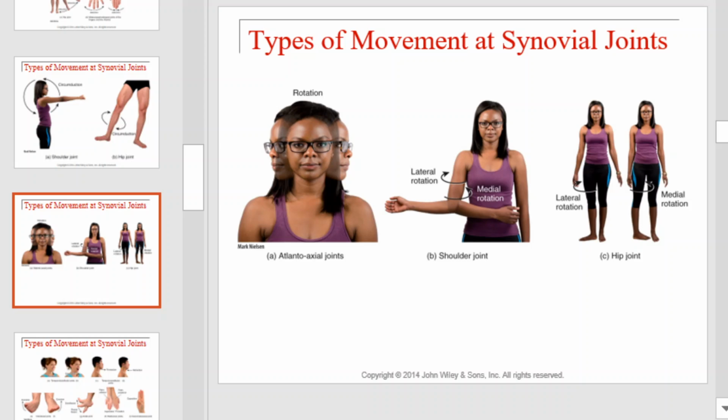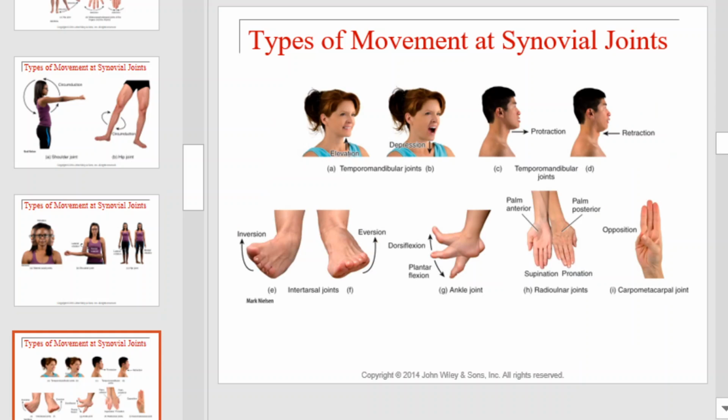We see rotational movement of the hip and the shoulder, as well as the neck. And here we see protraction and retraction. We can also see inversion and eversion, and supination and pronation.